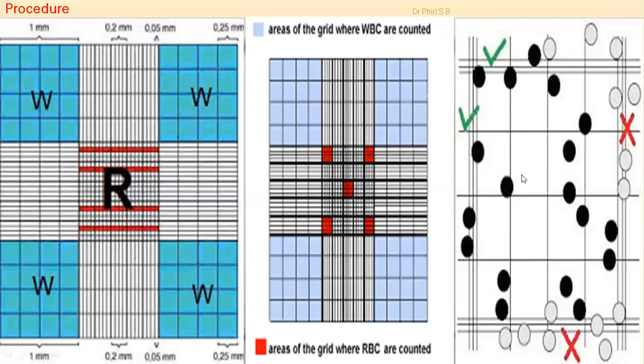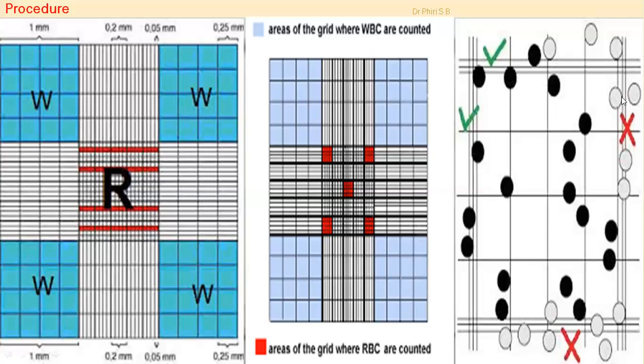There are rules that you need to apply for you to count. You don't just count anyhow. Depending on the lab, either you count all the cells that are touching the top line of this bigger square, then the left line or margin of this bigger square. You don't count those cells that are just touching the bottom line and the margin on the right.